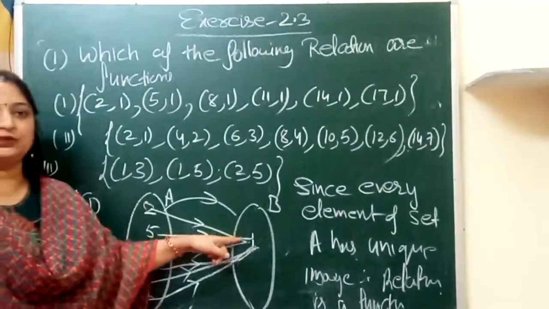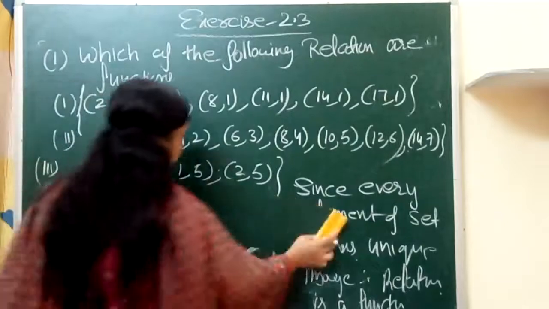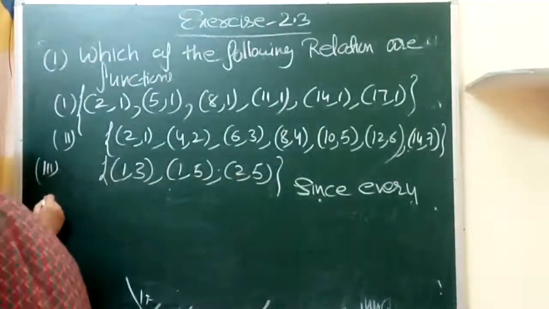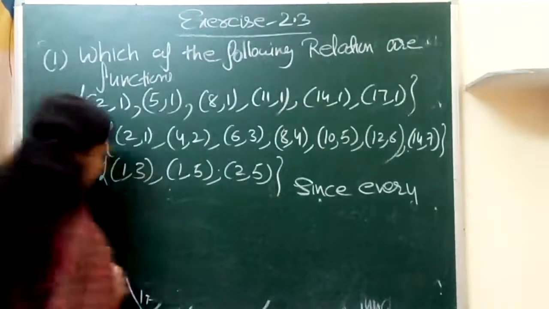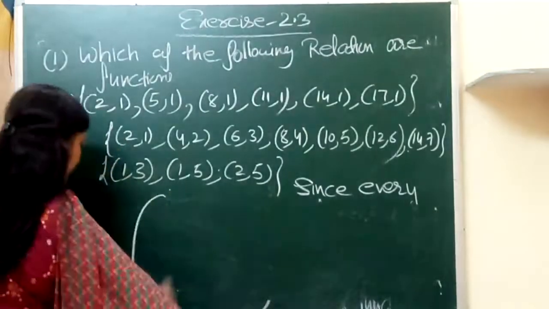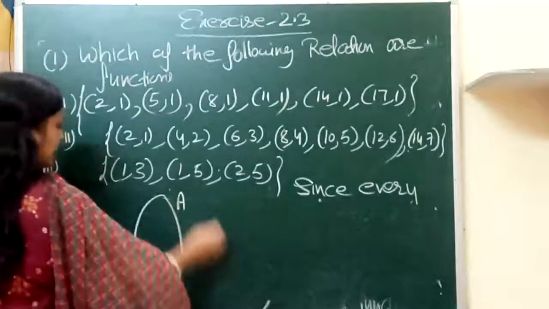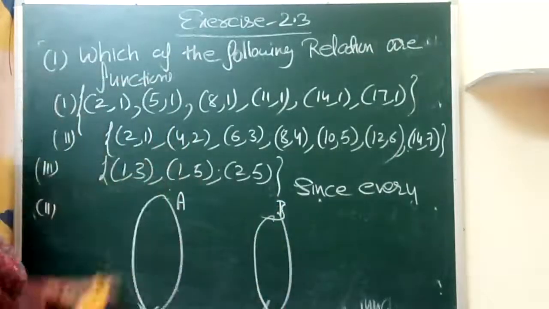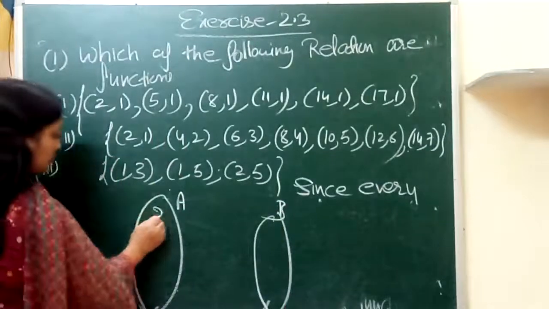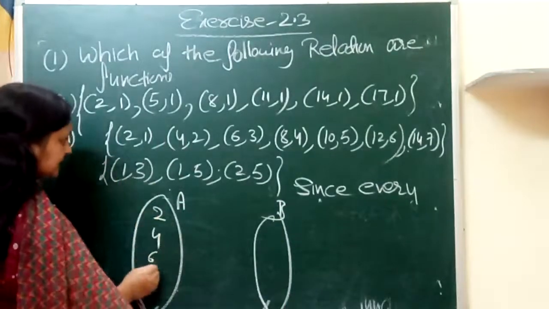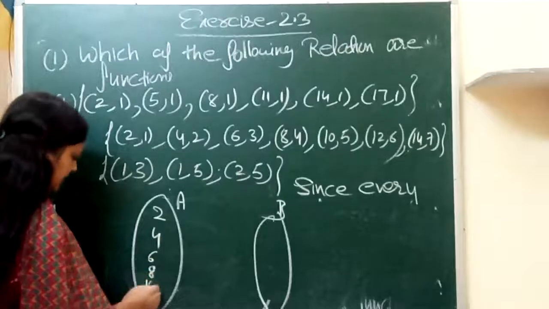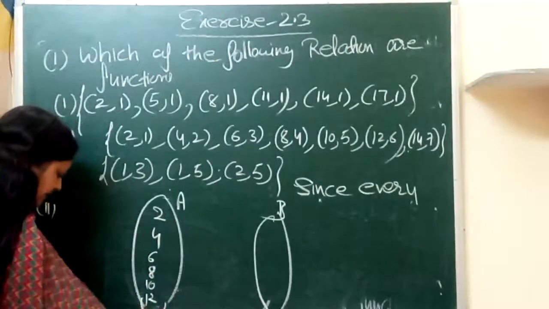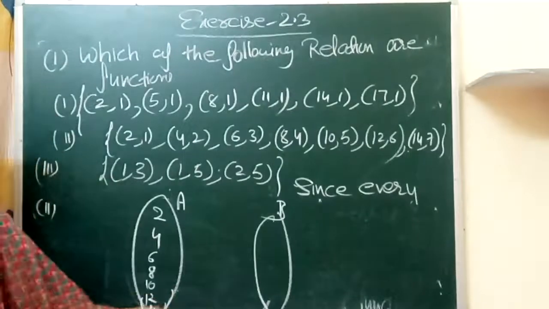Now let us solve the second one. In the second part, let us draw the figure. This is set A and set B. In set A, the first elements will come: 2, 4, 6, 8, 10, 12 and 14. And the second elements are 1, 2, 3, 4, 5, 6, 7.